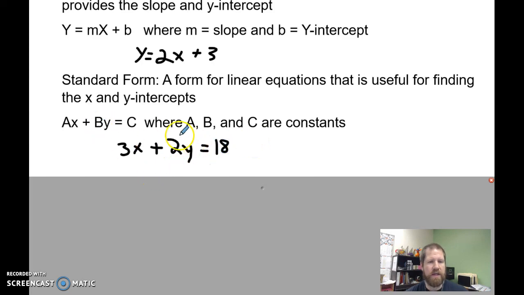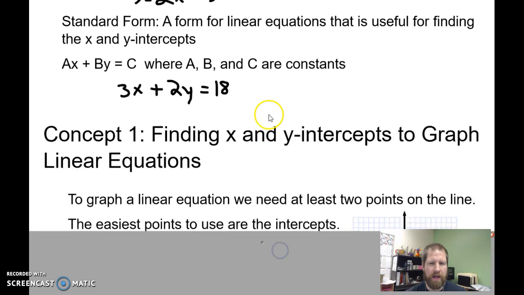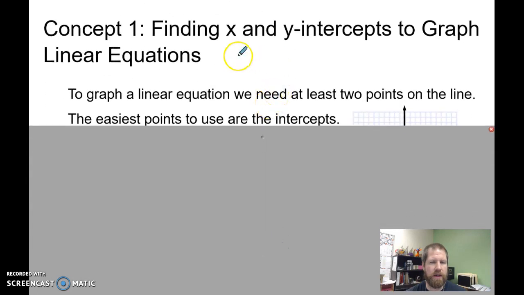That is another form for my linear equations. It's a little less powerful than slope-intercept form. There's not as much we can tell just from looking at it, but it does have some really good uses. The most common one is finding our x and our y intercepts. It's very easy to graph from our intercepts, and it's easy to find our intercepts from standard form. And that's what we're going to be doing in our first concept today.